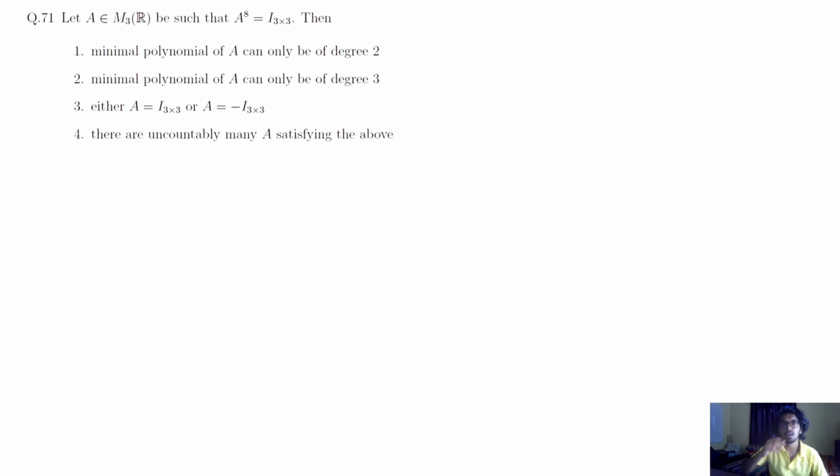Here it is given that A is any matrix in M3(R) such that A^8 is identity. If that is so, you can consider the polynomial p(x) = x^8 − 1 = 0. So the minimal polynomial of the matrix A will divide this polynomial. How can you write this p(x)? It is x^8 − 1.